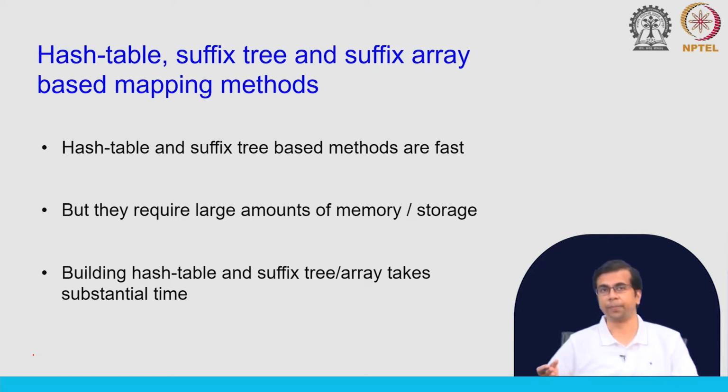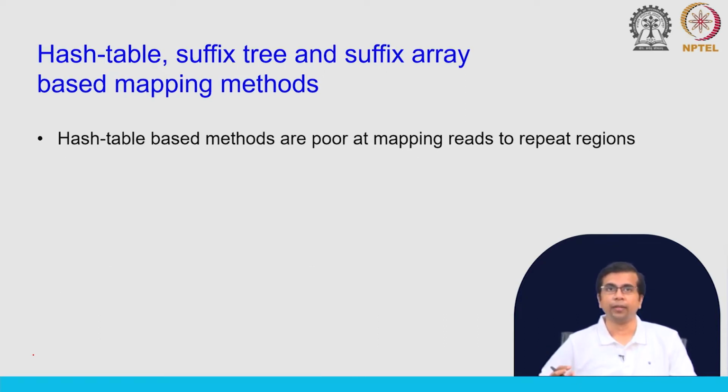In the case of a suffix tree or array, once you generate the data structure, you can store it and do not have to build it again and again, whereas for a hash table, if you change the seed size, the k length, you will have to rebuild the hash table. The k length can change depending on the sequencing platform, the read length that you are using, and the sequencing error that you expect in the data.